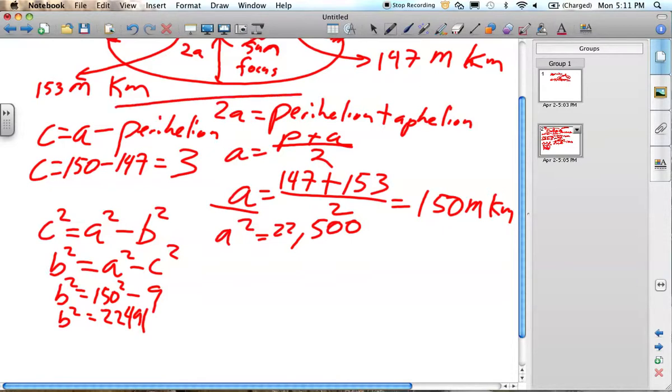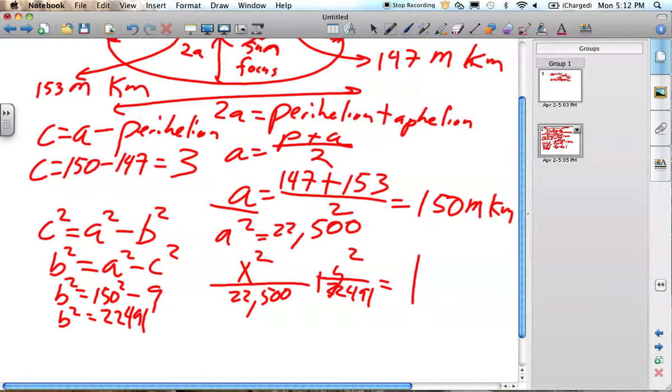So we're horizontal, so I'm going to have X squared over 22,500 plus Y squared over 22,491 equals 1. And I calculate my eccentricity, which is going to be 3 over 150, and you can calculate that. As you can see, we're really not that far out of it. So this is the kind of thing we will be dealing with.